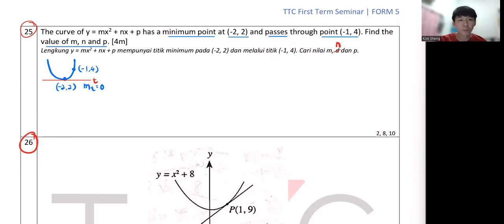You have this info based on the minimum point, mT equal to 0. Again, mT equals dy over dx, which means that at the minimum point dy/dx equals 0.